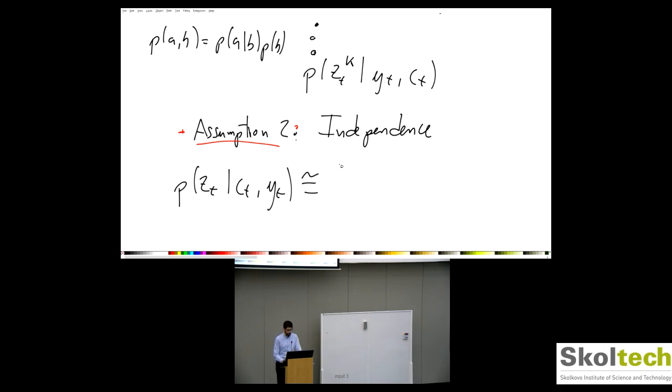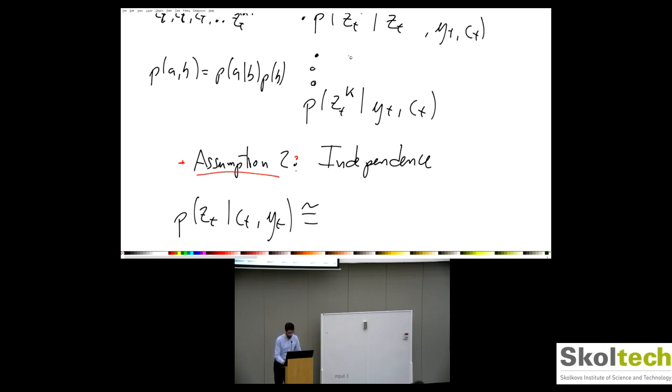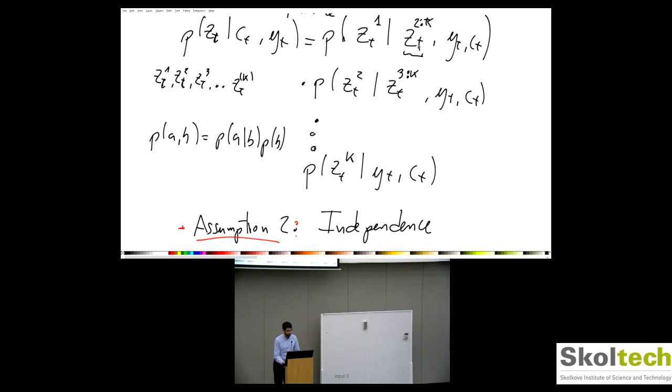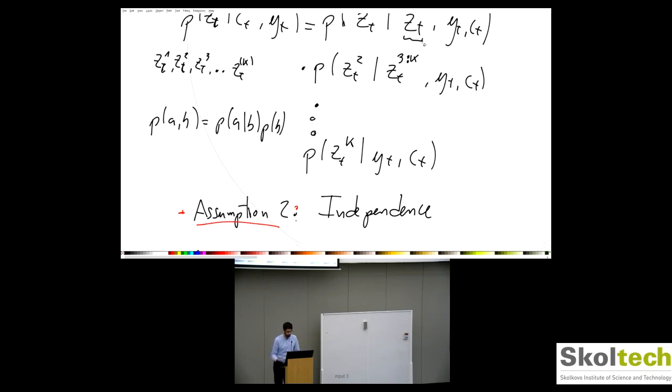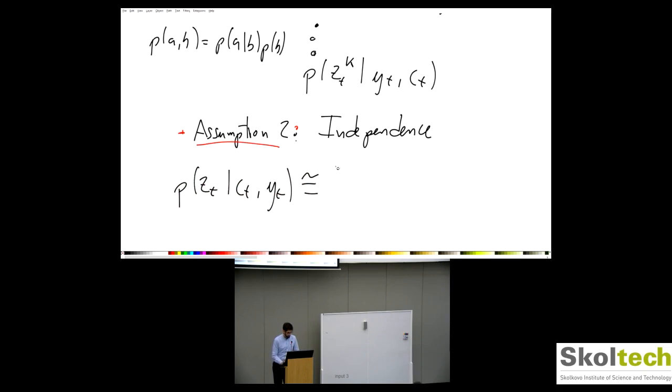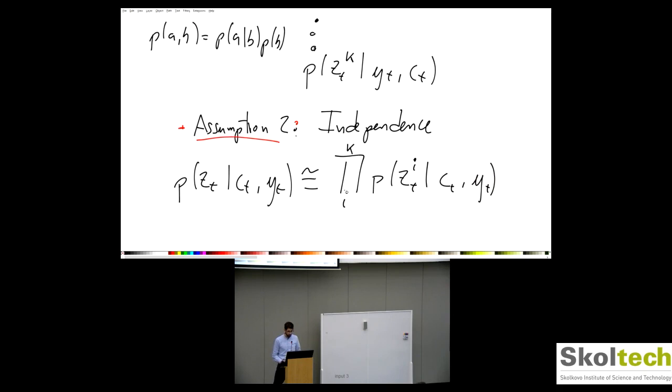After making this second assumption, or approximation if you want, all these factors where each observation is conditioned on the other observations transform into a product of these k elements, where each observation is independent of the other observations. If you remove all the other observations we were conditioning on, what we have is that this only depends on the correspondences and then on the state vector. So this is a second assumption on the observations.